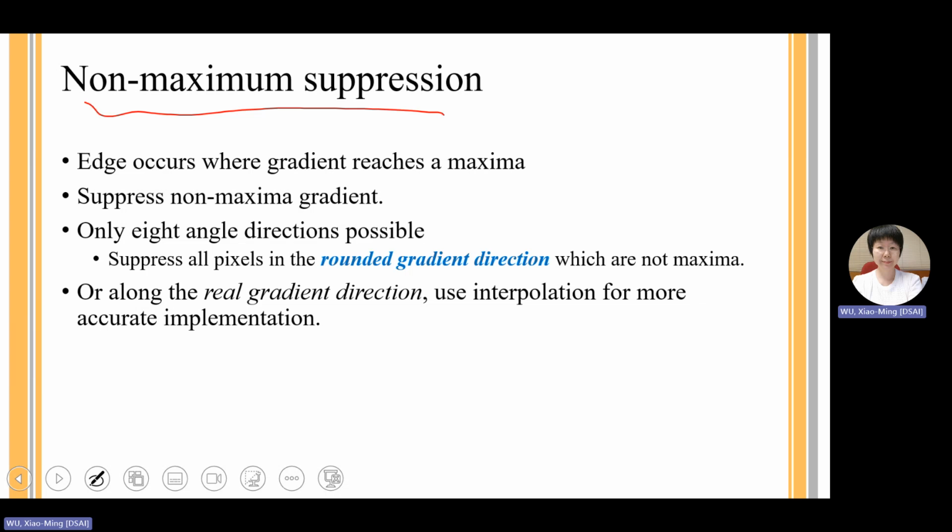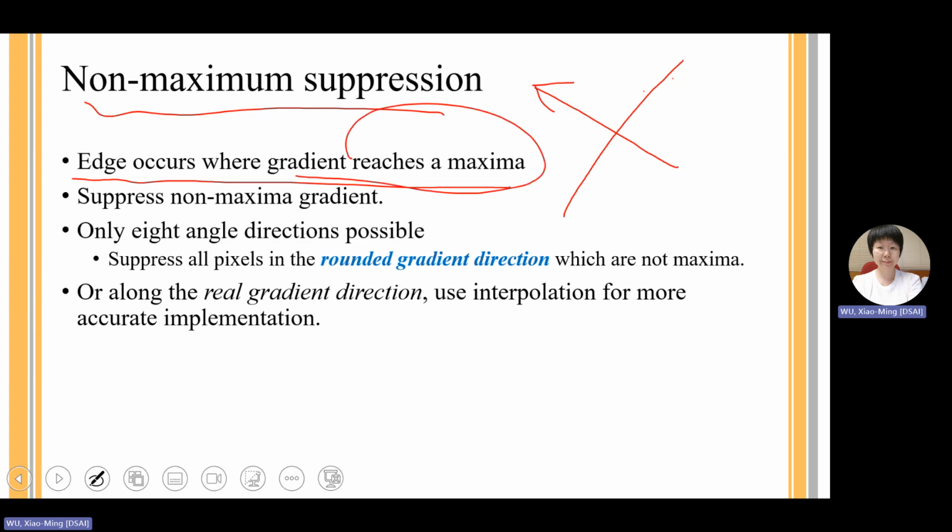One is that, remember when we say the edge direction is perpendicular to the direction of the gradient. Edge occurs when the gradient reaches a maximum. So if there's an edge here, the gradient should be maximum.